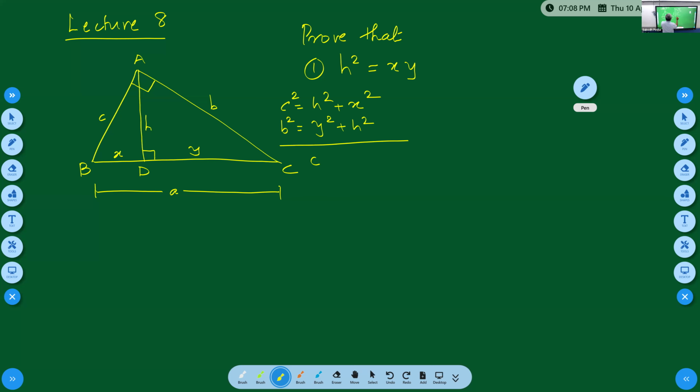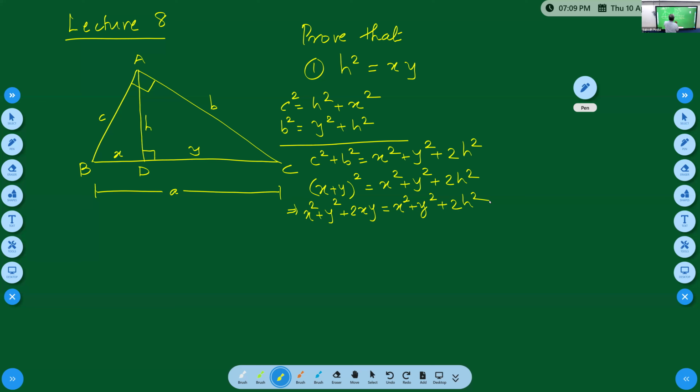So c square plus b square is equal to x square plus y square plus 2h square. However, c square plus b square is a square and a is x plus y. If we expand this bracket, we get x square plus y square plus 2xy is equal to x square plus y square plus 2h square. Therefore, xy is equal to h square. This is our first result.